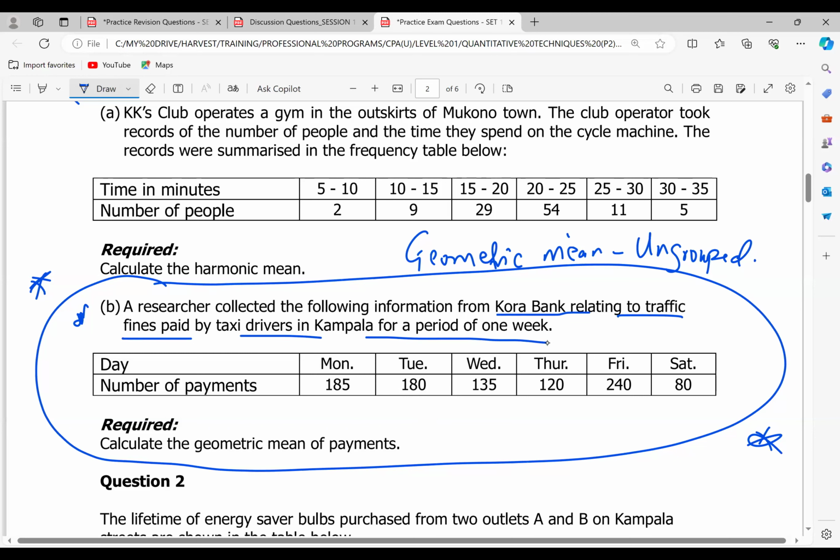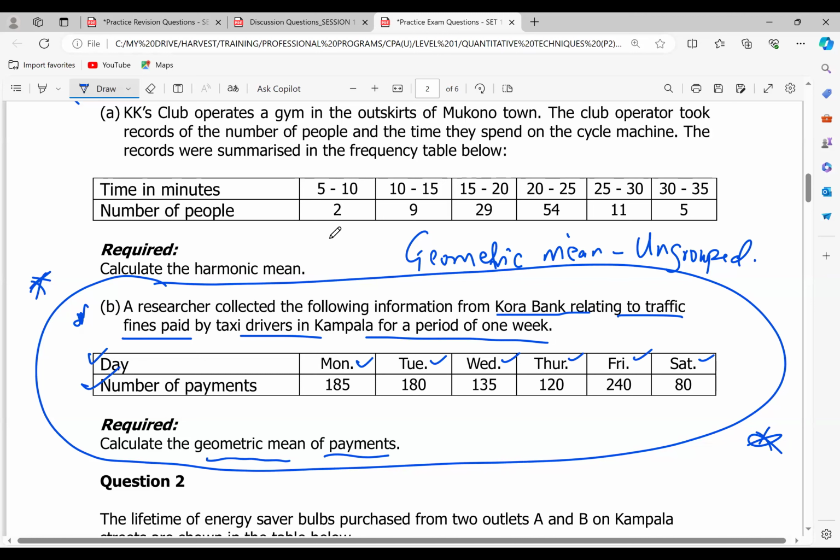So they give us the day and the number of payments. You have Monday, Tuesday, Wednesday, Thursday, Friday, Saturday, and the number of payments, and we are required to calculate the geometric mean of payments.